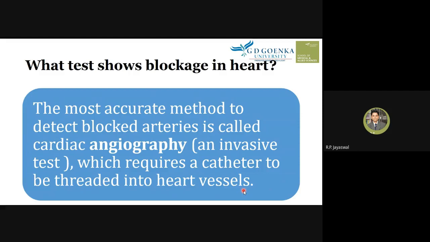So the blood vessel is inserted with the catheter, through which we can detect if there is some blockage in the artery, and the test is known as cardiac angiography. This is the most accurate method, which gives you an idea if there is a blockage in the heart.